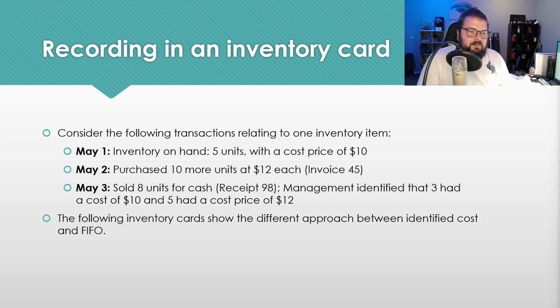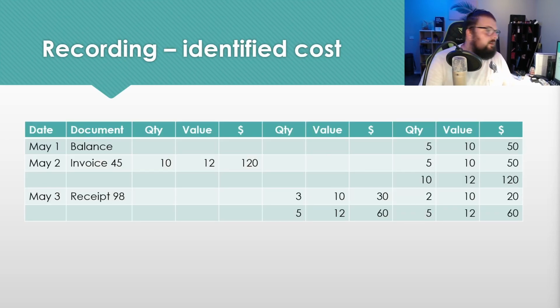So let's have a look at the difference. First off, we have identified cost. Now you can see here, we've got our balance: the balance on May 1st, quantity, value of each piece, total. That's the layout of every single bit of your inventory card.